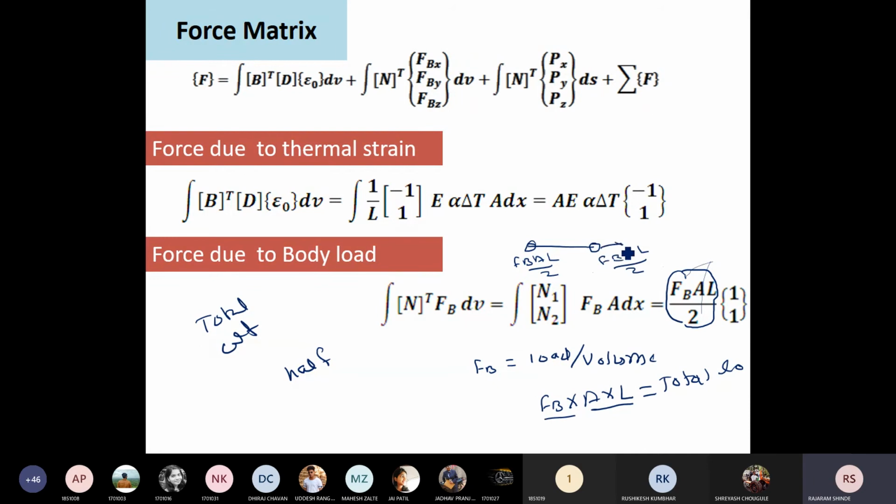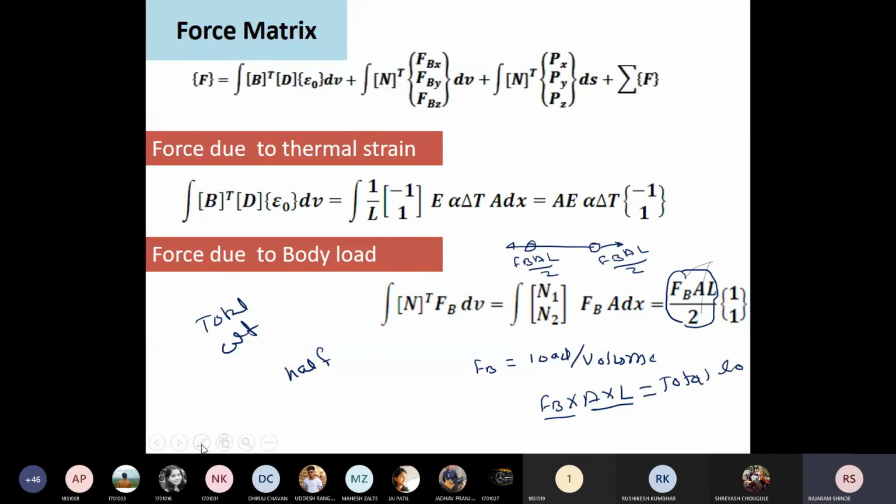This is the body load acting at nodes 1 and 2. It means that the body load or weight of the element, that is the self weight, is equally distributed on the two nodes. So there may be a question: prove that the total weight of the one dimensional element is equally distributed on the nodes.